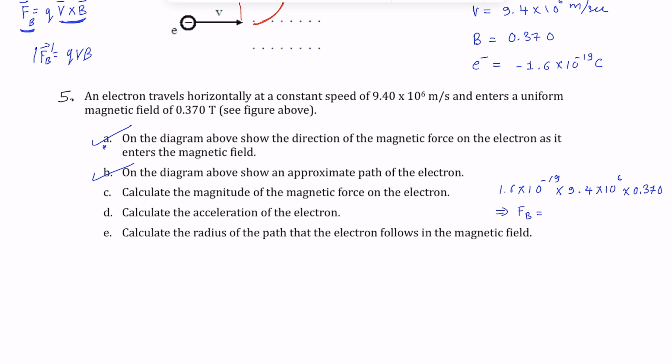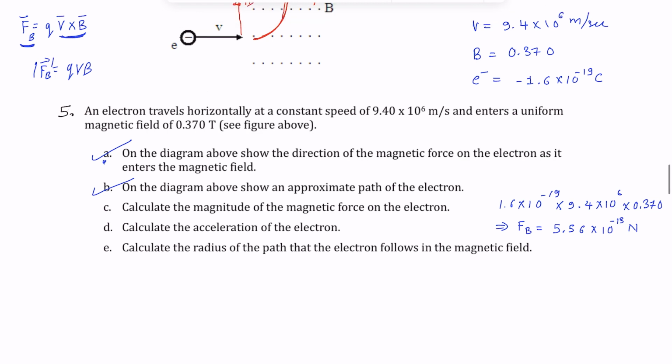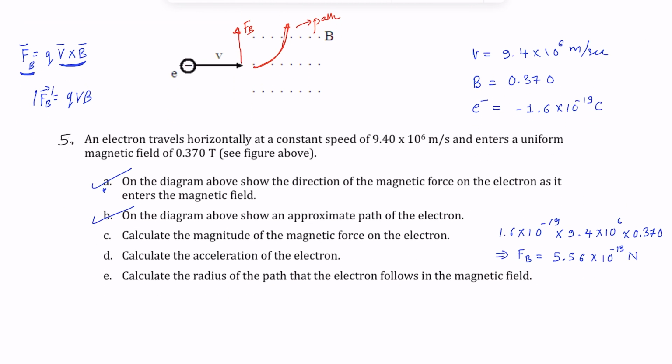This gives FB to be, let's calculate this quickly, 1.6 times 9.4 times 0.370, and this comes out to be 5.56 times 10 to the minus 30 newtons. Okay, that is the answer to the question, what is the magnitude of the magnetic force on the electron.